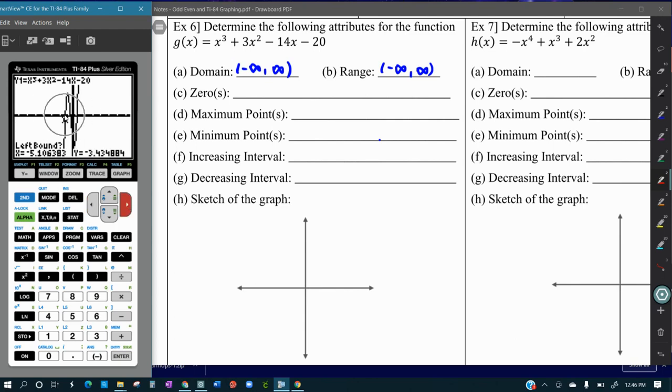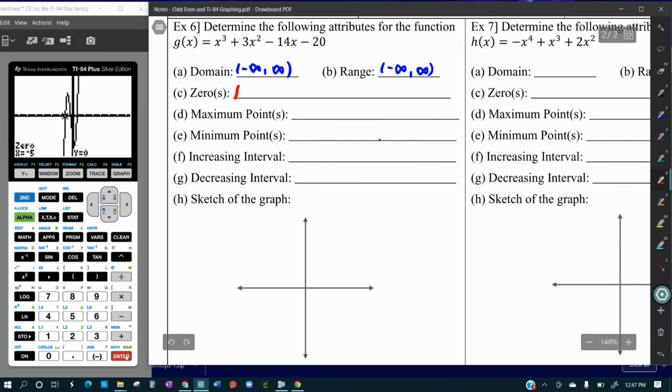So here's the x-intercept, and left is over here, right is up top in this case. So we're going to press enter because we're now on the left, and now it asks for right bound. So I'm going to use my arrow key and get to the right of my 0 and press enter. And then it asks you to guess where the 0 actually is. Press enter. So there's my first x-intercept at -5, 0.